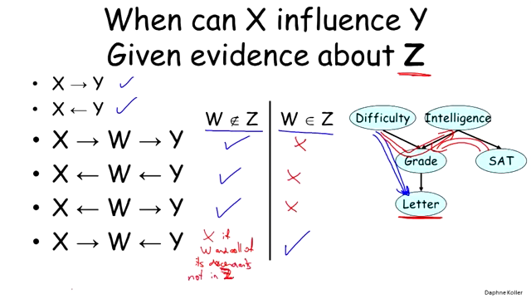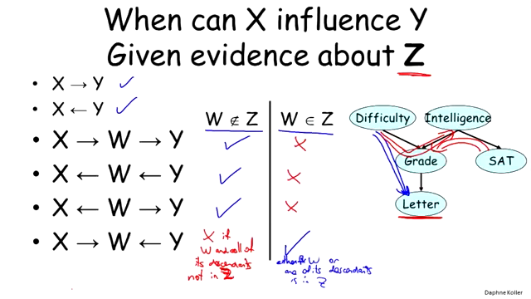Or conversely, that this influence can flow if either W or one of its descendants is observed. So this tells us a taxonomy of when influence can flow through an intervening variable.